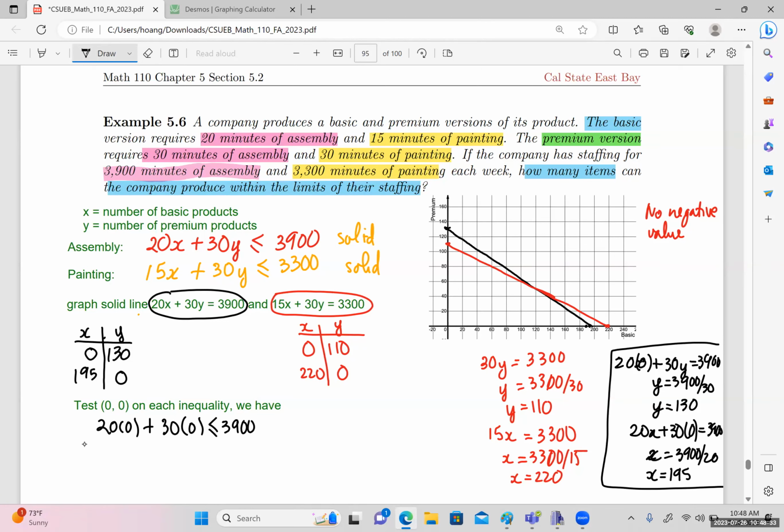Is that true? 0 is less than 3900. Okay, that's true. Right, so that means we will need to shade the area under the black line, right? Under the black line.